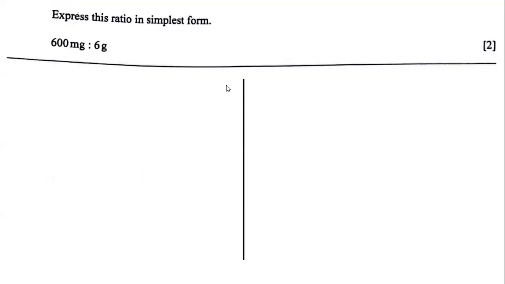Milligram, very good. So how do we read this? 600 milligrams to 6 grams. Very good. So we have 600 milligrams to 6 grams.